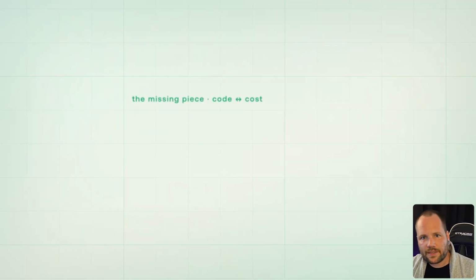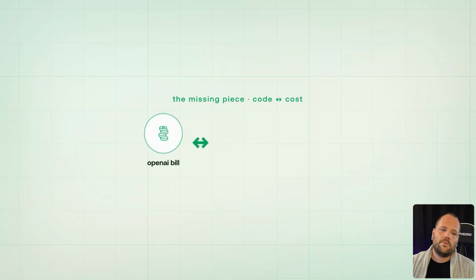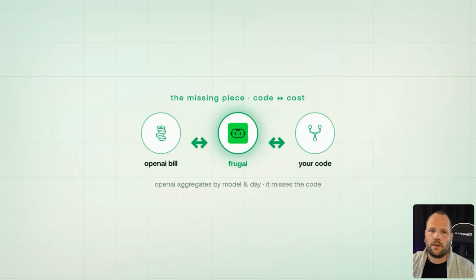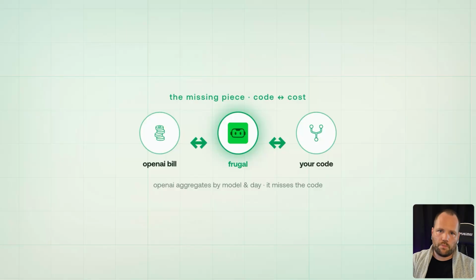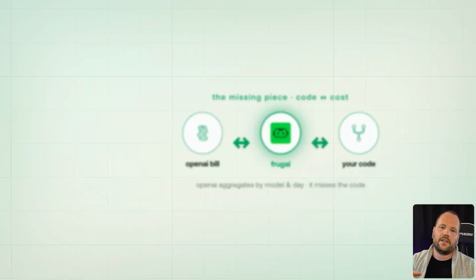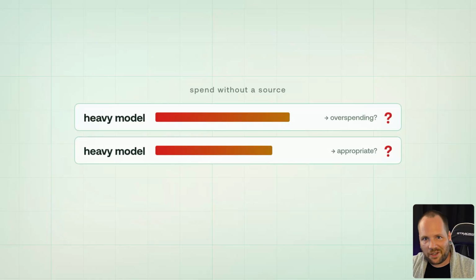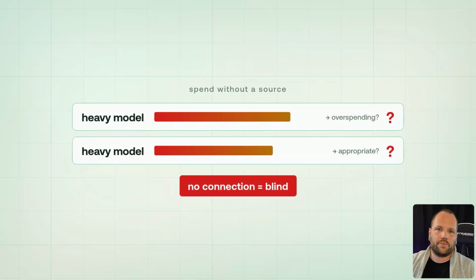And that's the missing piece, the code to cost visibility, because OpenAI will aggregate your spend based on the model, based on the day, based on the usage, but it completely misses the code responsible. So you can't ask which line of code or which component is calling this heavier model. You just see the heavier model spend. You don't even know if you're overspending or if it's the most appropriate model. Without that connection, you're completely blind.